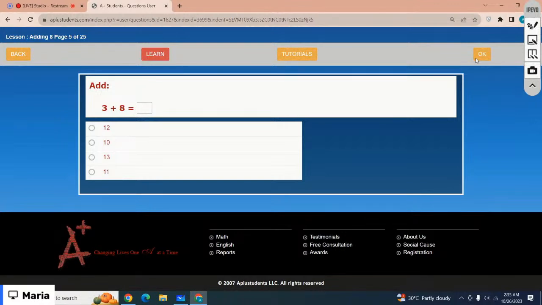The next one is 8 plus 3. So which is the correct option? Yes, it is 11. So the correct option is 11.